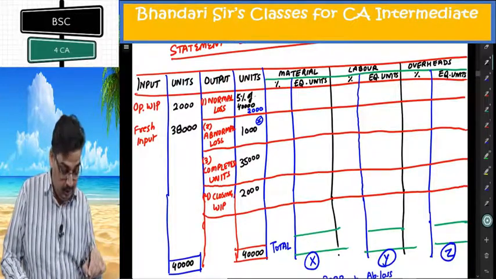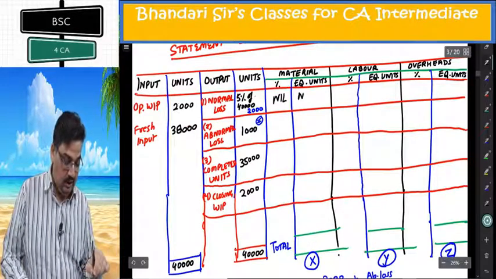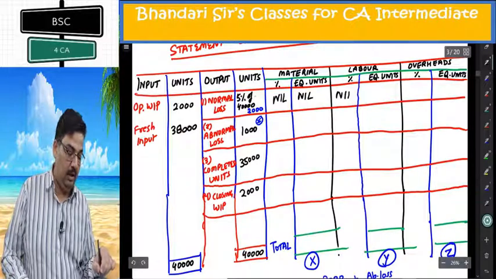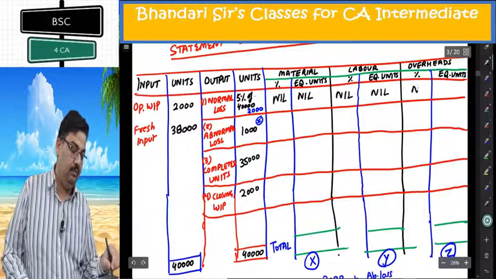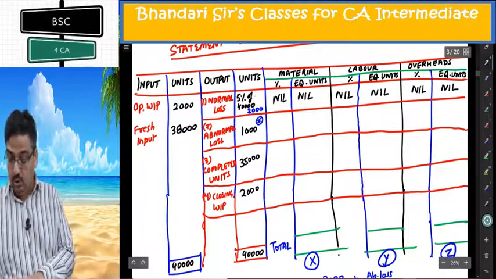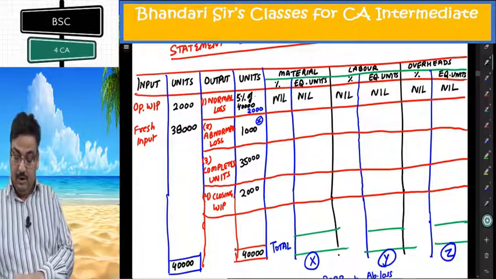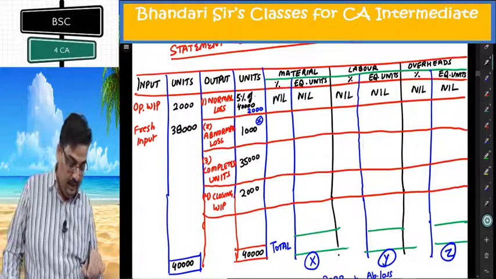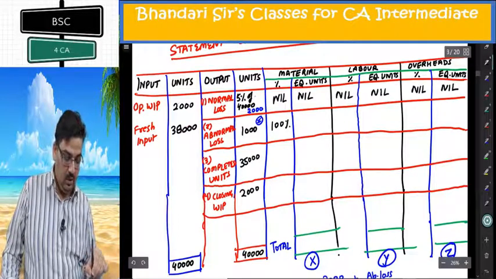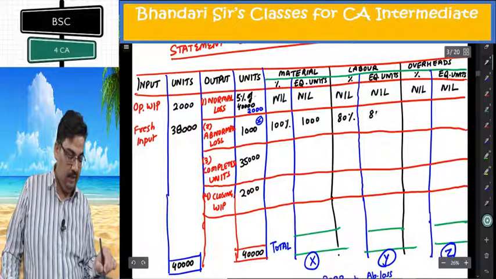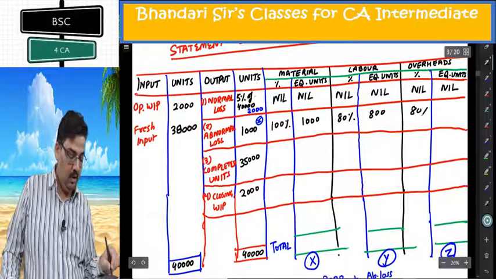For normal loss, nothing given in question will matter. It is nil for normal loss. For abnormal loss, look at degree of completion given for scrap. 100%, 80%, 80%.